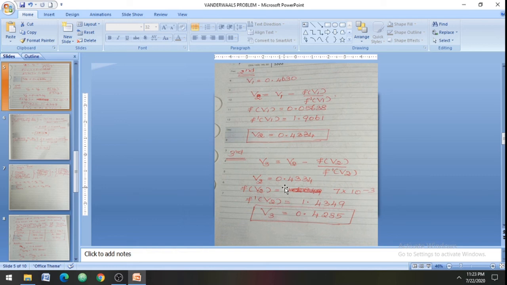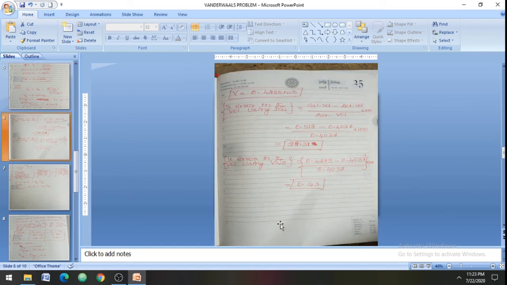But here V2 is approximately equal to V3, so I stop the iteration. Finally I get the value V is equal to 0.485 metre cube.